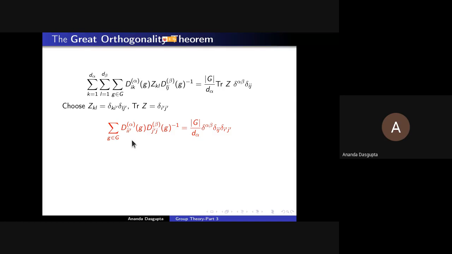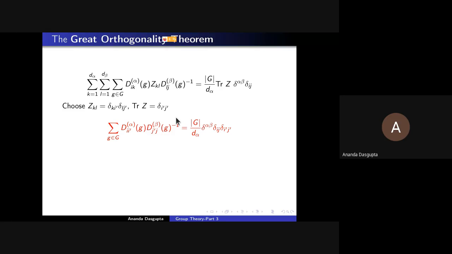And this is a statement right now about the irrep matrices. If you take the irrep matrices, take the i primeth element and j prime jth element. Notice that i prime, j prime, i, j are all free indices. They're not being summed over. But you do this: take the alpha's i prime i element for the element G, the beta's j prime j element for G inverse, and multiply them together.